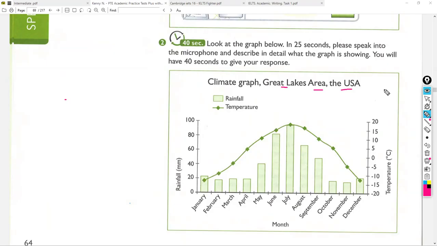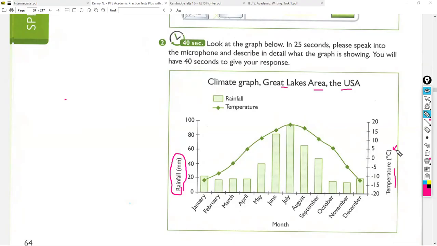Rainfall, the amount of rain. And here we have what? Temperature, exactly, Celsius, not Fahrenheit, but Celsius.